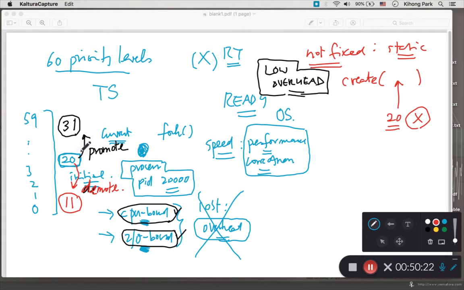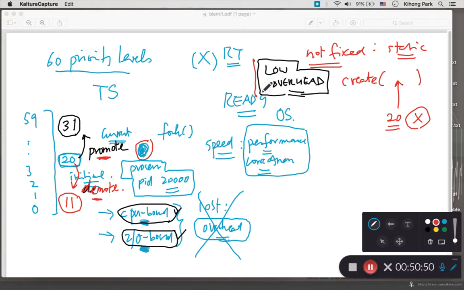But now we are saying we are going to observe what a process does, and based upon what we observe, we are going to increase or decrease the priority based upon whether it is behaving more like a CPU bound guy or more like a process that is IO bound. And we have to do it with low overhead.